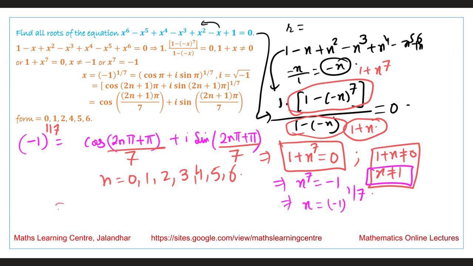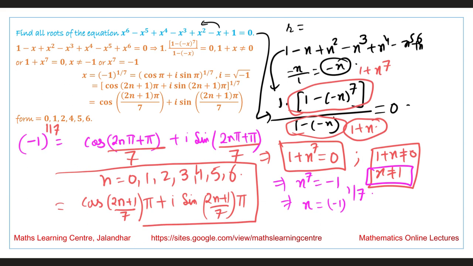So the answers we will have are cos of (2n plus 1) by 7 pi plus iota sin of (2n plus 1) by 7 pi, and these are the values of n that we can have. So these are the 7 roots of minus 1.